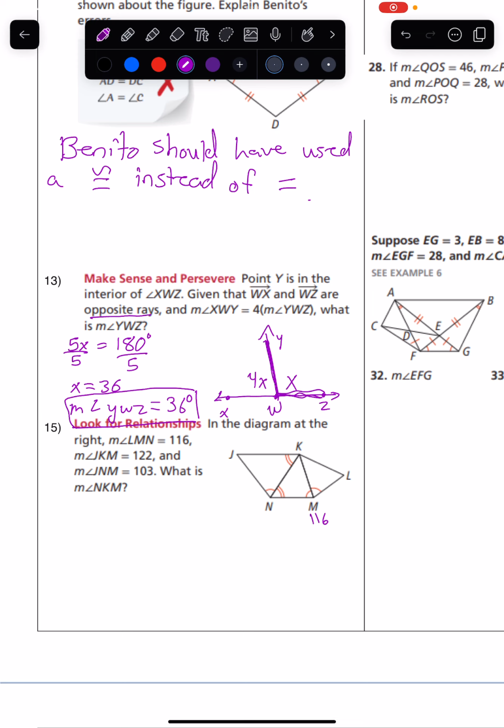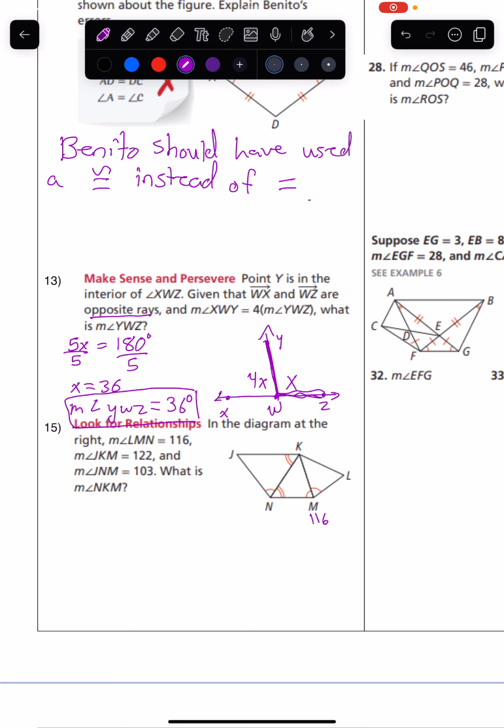And the measure of angle JNM is 103 degrees. Now, if we know JNM is 103 and we know that the angle JNK is 58, then we can say that angle KNM is going to be 103 minus 58, or 45 degrees.